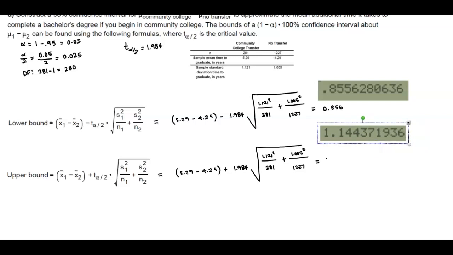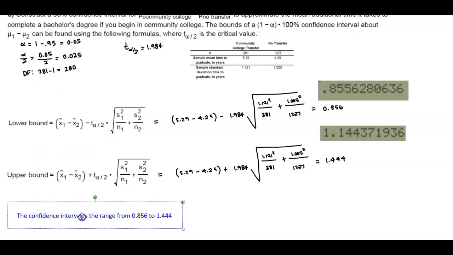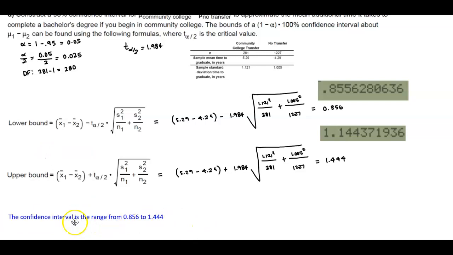And so rounding that to 3 decimal places gives us 1.444. Okay, so here is our confidence interval. The confidence interval is the range from 0.856 to 1.444.